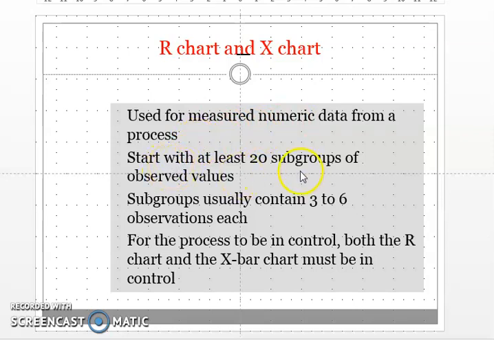It starts with at least 20 subgroups of observed values. The subgroups usually contain 3 to 6 observations each. For the process to be controlled, both the X bar chart and R chart must be in control. These are the initial requirements that should be fulfilled before starting to draw the X bar chart and R chart.